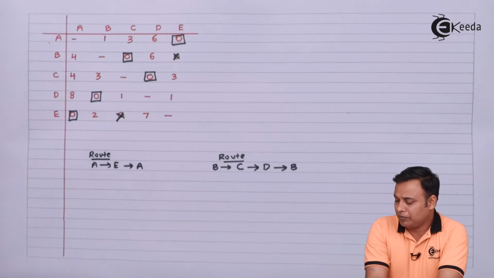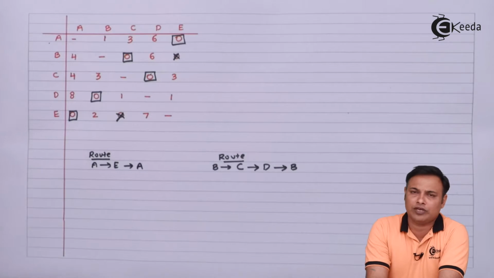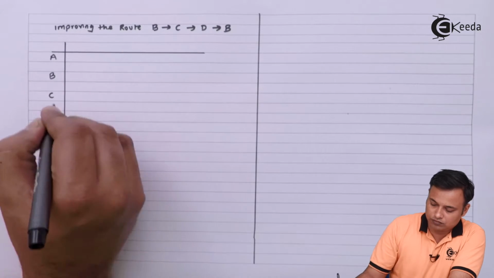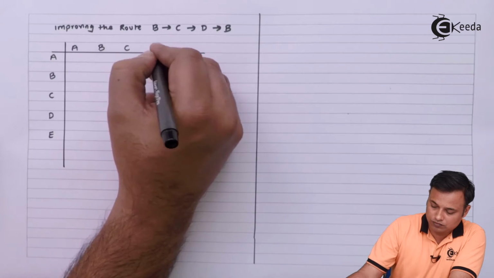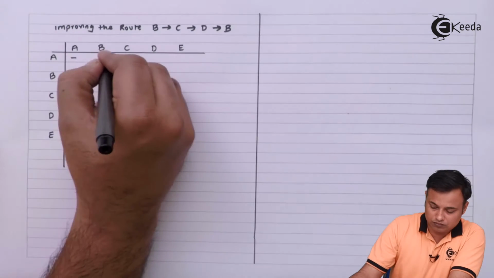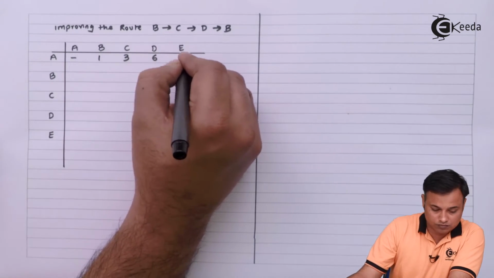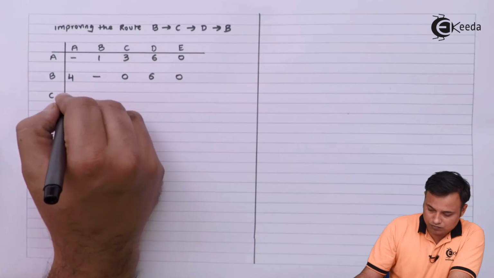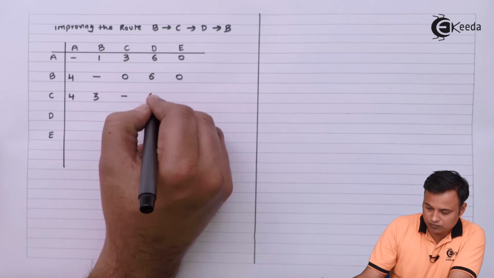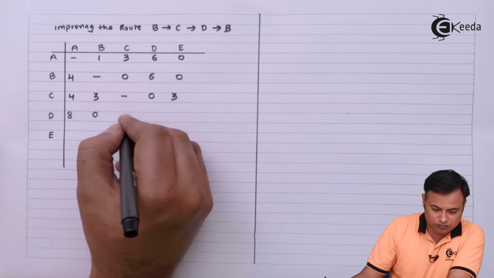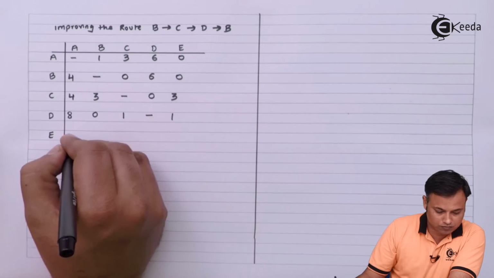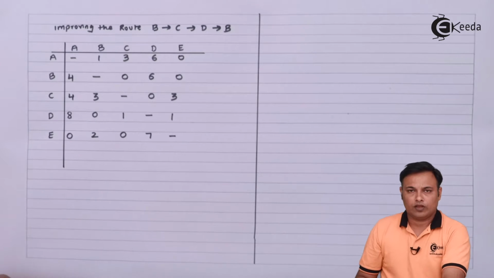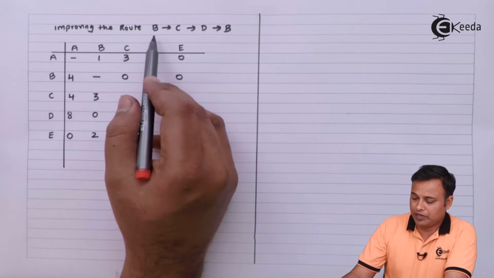हम पहले B, C, D back to B solution को improve करते हैं। Now I started from B as the route suggests.